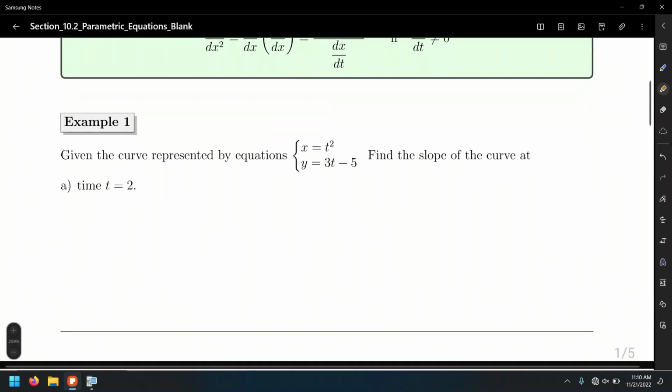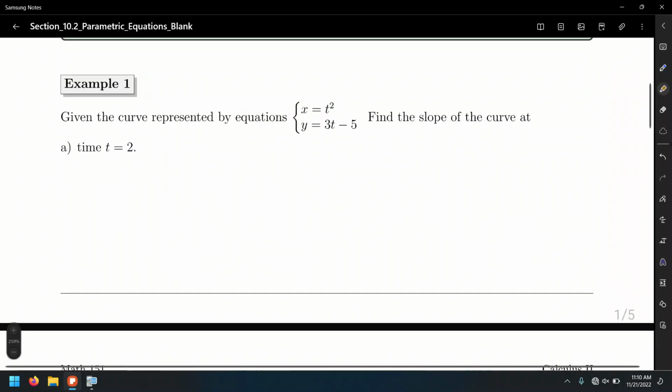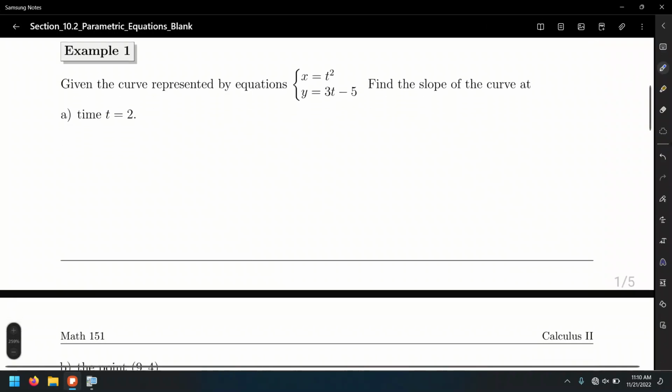Given the curve represented by the equations x equals t squared and y equals 3t minus 5, find the slope of the curve at time t equals 2. This is a straightforward type of problem. We start with the equations x equals t squared and y equals 3t minus 5.